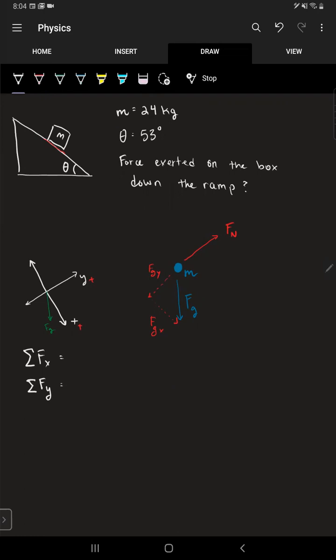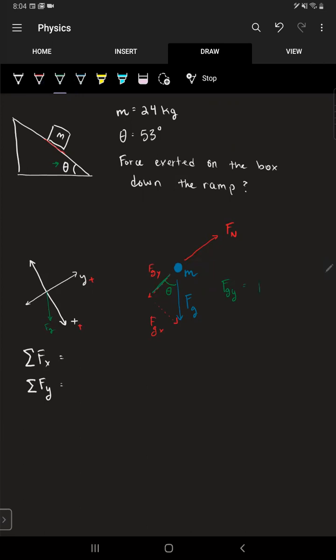It actually turns out, by geometry, you guys are not expected to have taken geometry yet, so let me just tell you that if this angle is 53, then this angle is also 53. Just need to believe me on this one. So that means that Fgy is going to be the adjacent side.